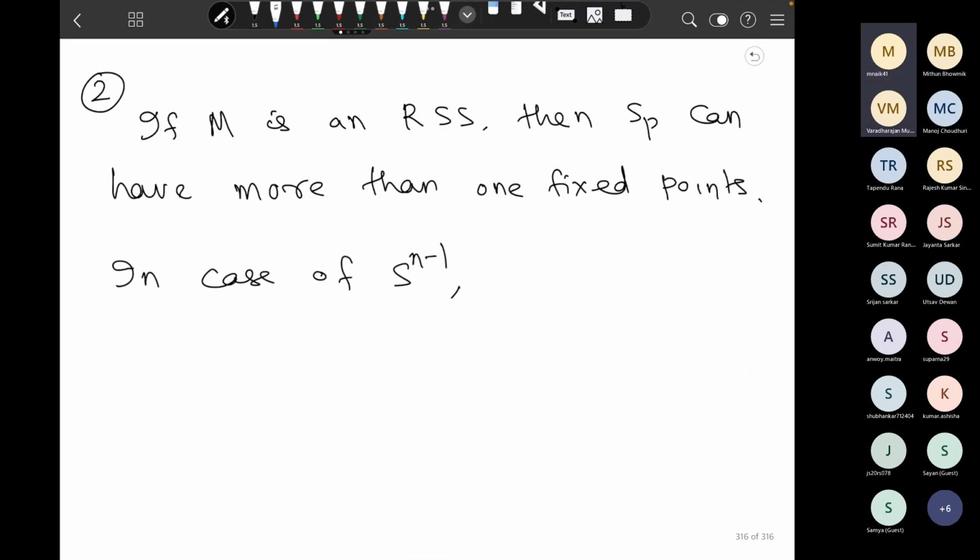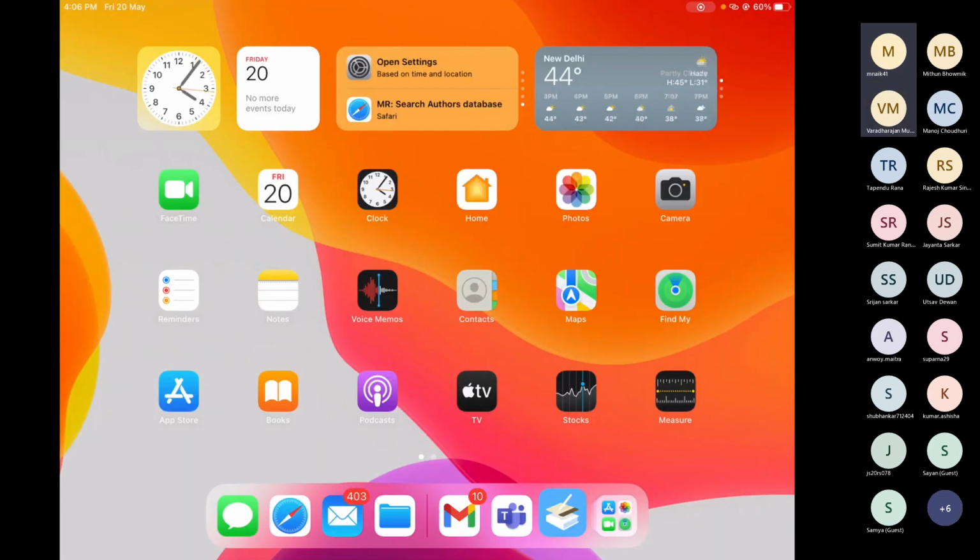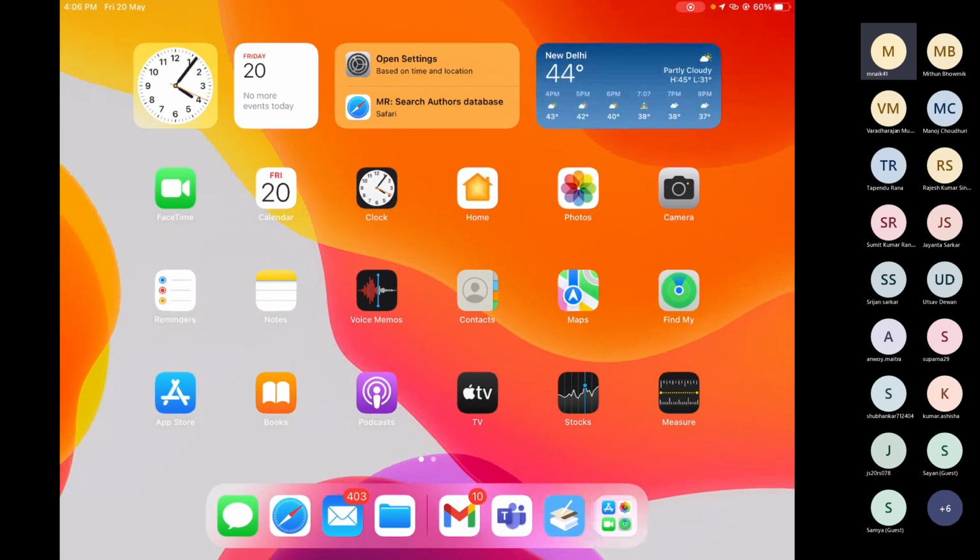So in case of S^(n-1), we have P and minus P as fixed points.